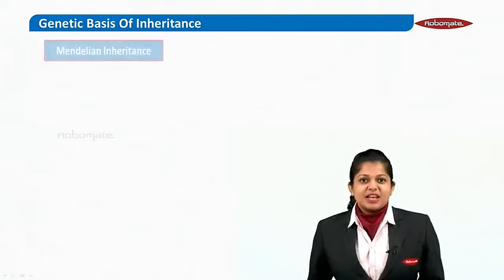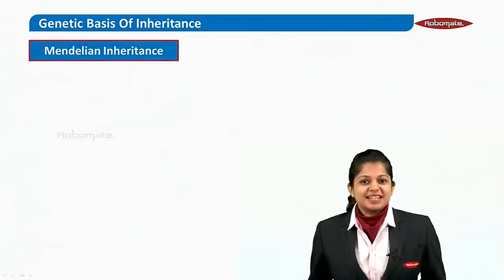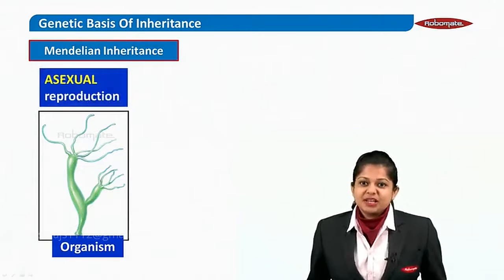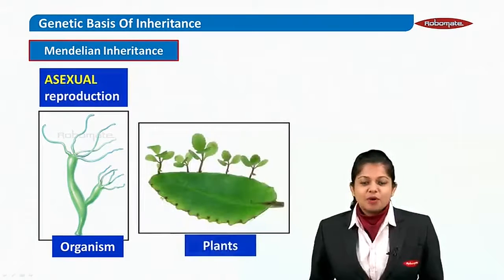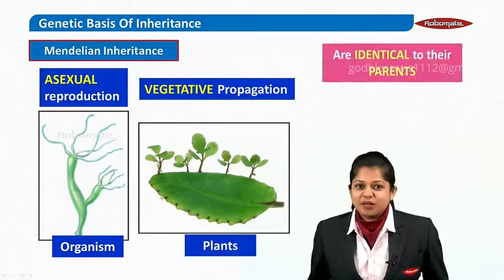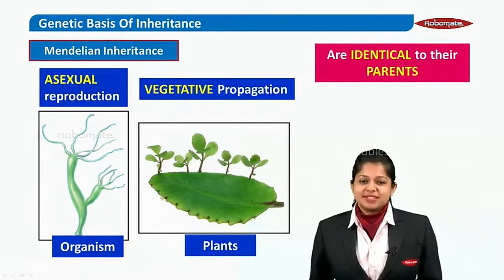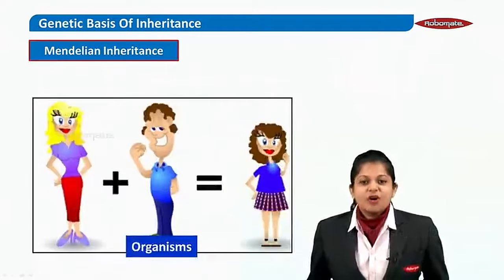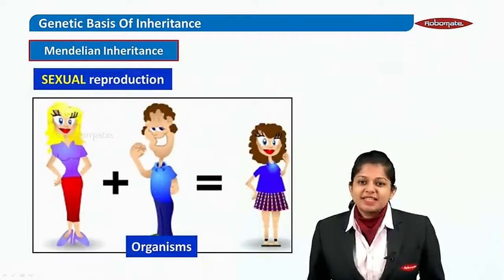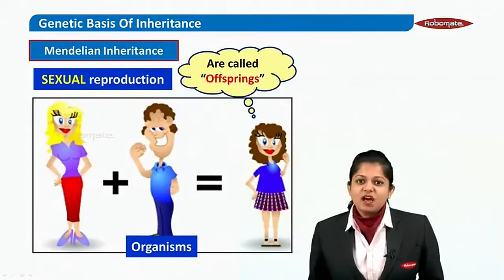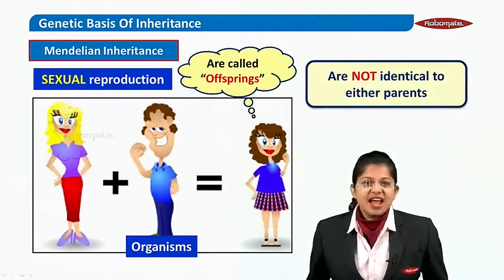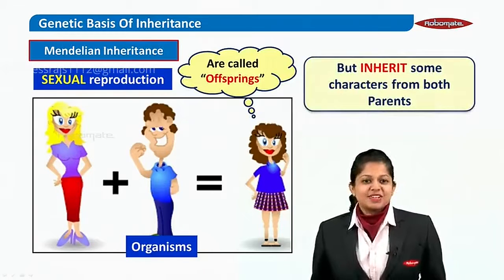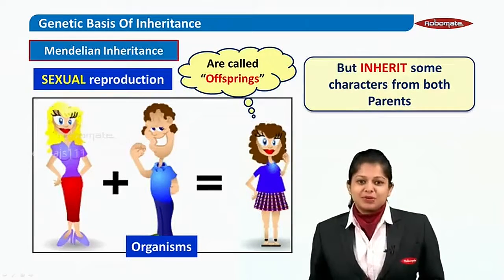After Mendelism, now let us have a look at Mendelian inheritance. The organisms reproducing by asexual means or plants by vegetative propagation are identical to their parents and can be known as clones, whereas the organisms reproducing by sexual reproduction produce offsprings and are not identical to either parent, but they inherit some characters from both parents.